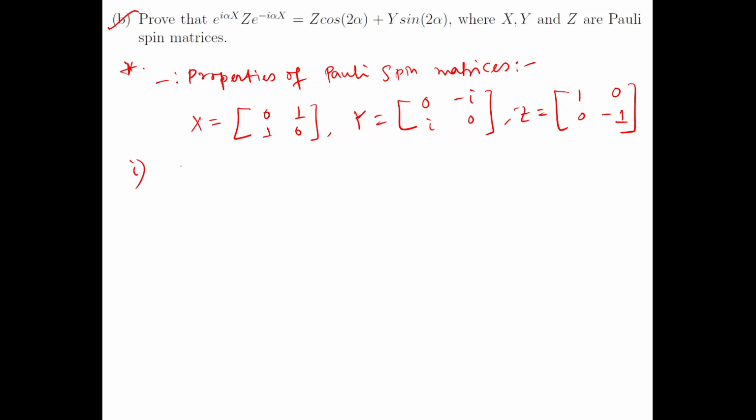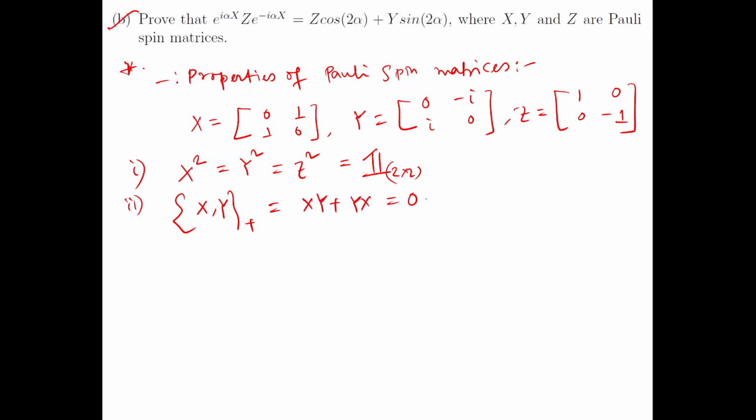The first property is that x square, y square, and z square give you the 2 by 2 identity matrix. The second thing is that every pair, for example x, y, with the anti-commutator sign, so this is nothing but xy plus yx, is actually 0.